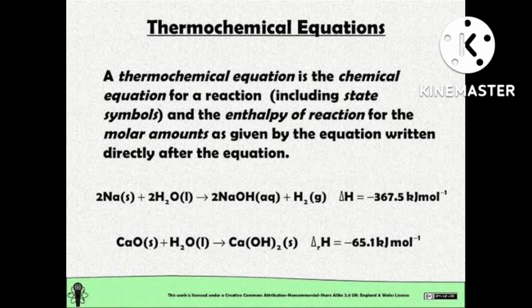Only these three values you want: delta H given, delta n is 1 mole, R is 8.314, T is 373. All values are given, then just simplify it.